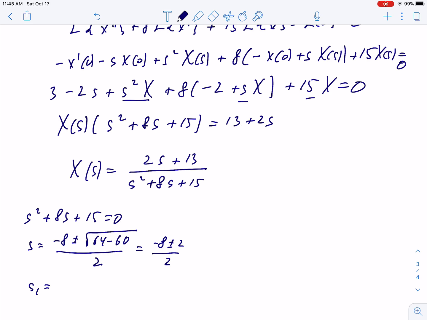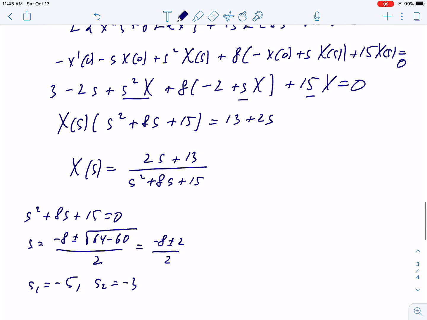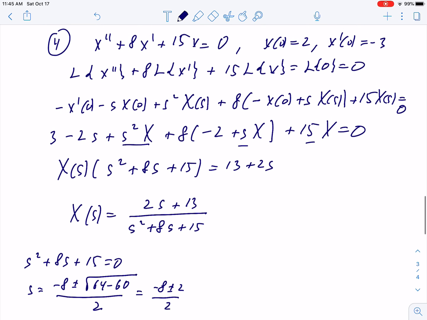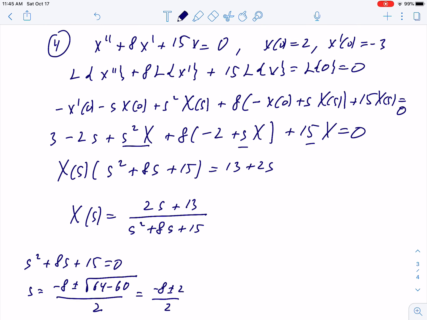S1 will be -5, the other one will be -3. So this denominator factors, and we have (2s plus 13) over (s plus 5)(s plus 3).